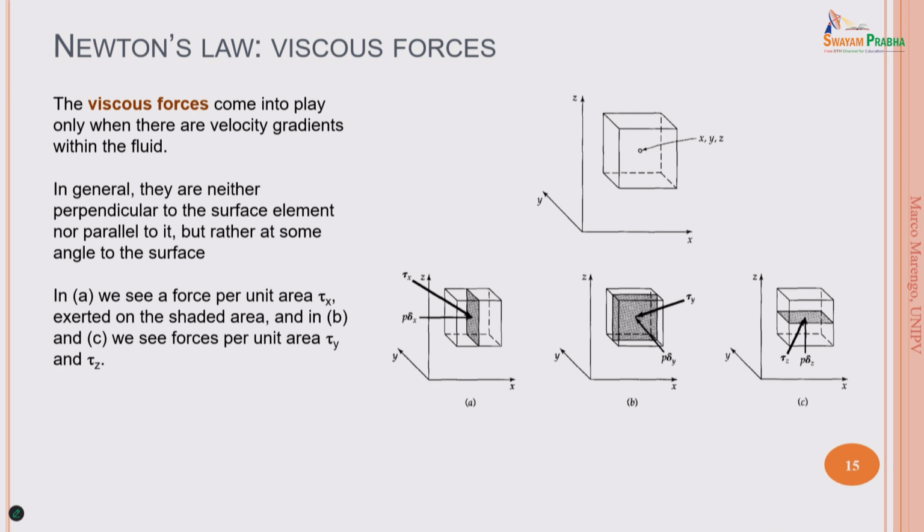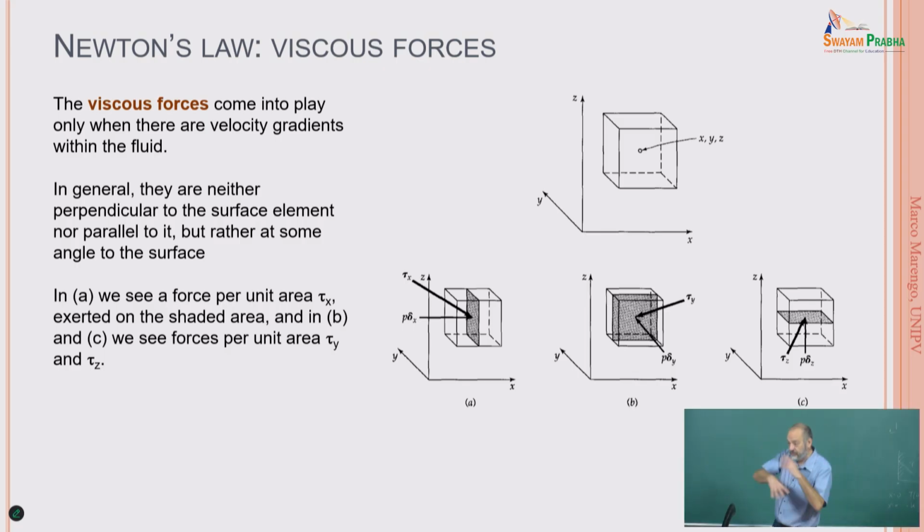So the viscous force, we said that we are entering in this game when we have a motion, okay? The point is that the shear forces, in general, don't have a specific direction like the pressure that was normal to the surface. They may go in different directions because the motion can be in different directions. The motion of the fluid inside this volume can have Vx, Vy, and Vz components, so it can be everywhere, in all the possible directions.